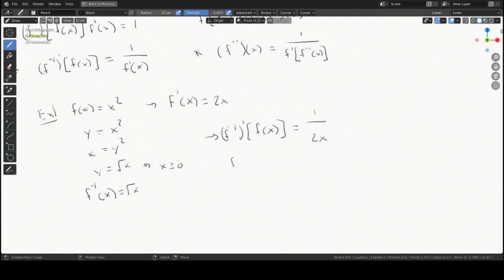So f inverse prime of x is equal to 1 divided by 2 times, and the argument in this equation is f inverse of x, and f inverse of x is the square root of x, so we have 2 times the square root of x. Okay, and those are our answers.